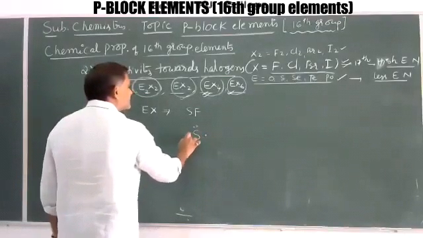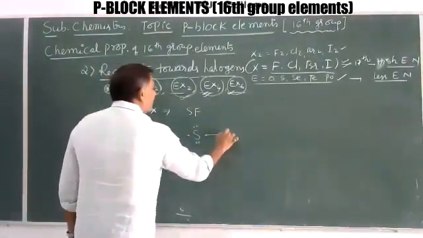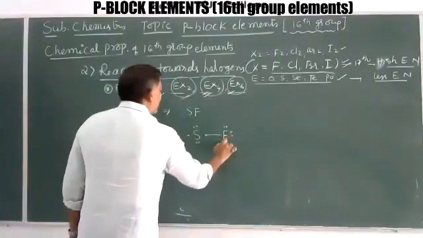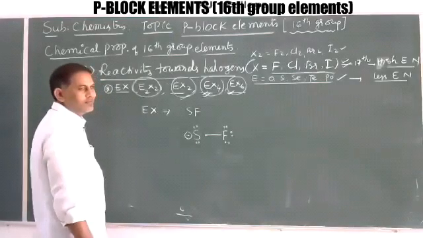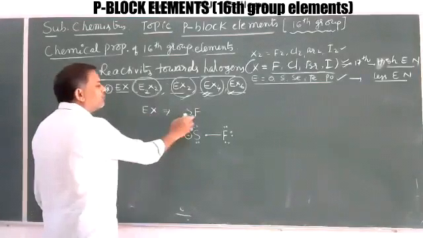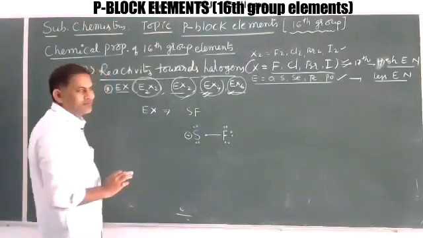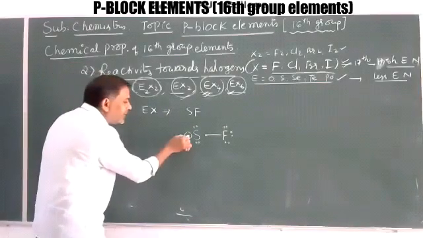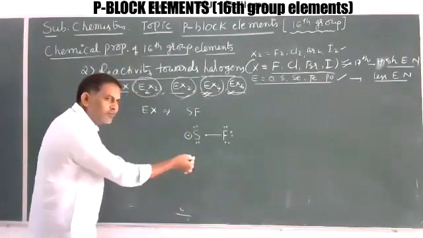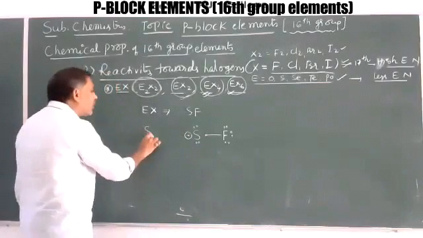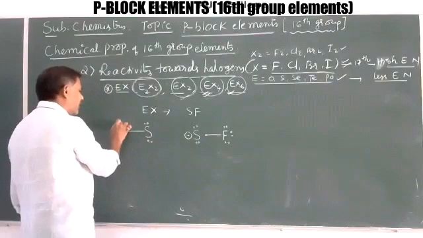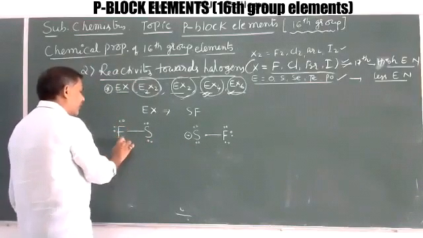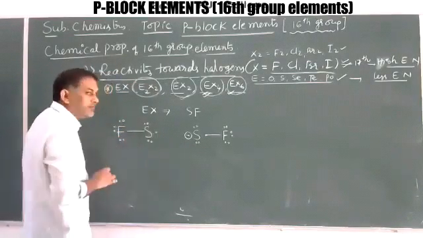One fluorine is bonded with one sulfur like this, but one electron is unpaired. This is monofluoride, sulfur 1 and fluorine 1. But this is eagerly waiting to react with another molecule. That's why one more sulfur and fluorine, again eagerly waiting.